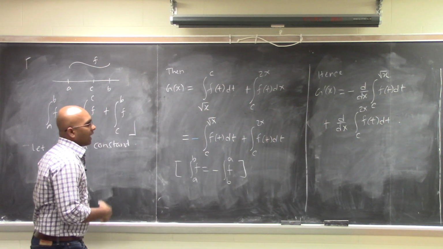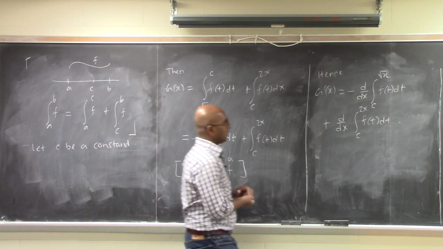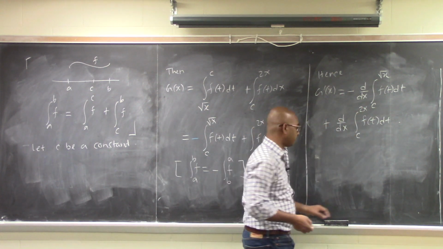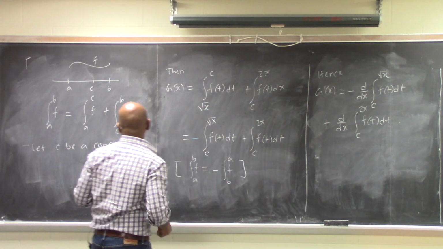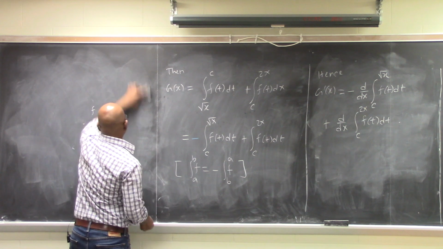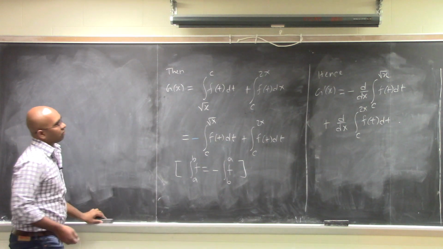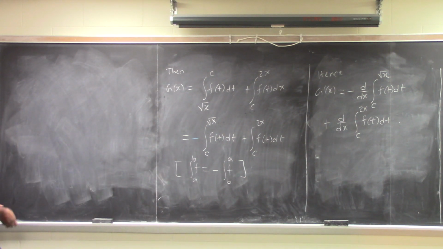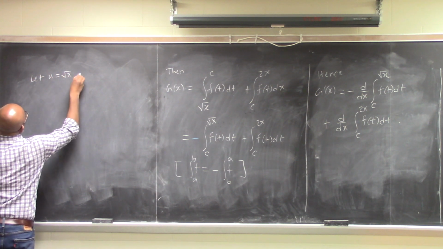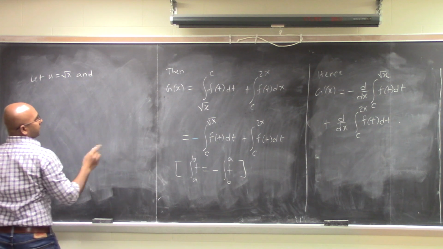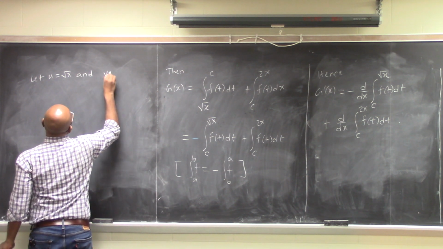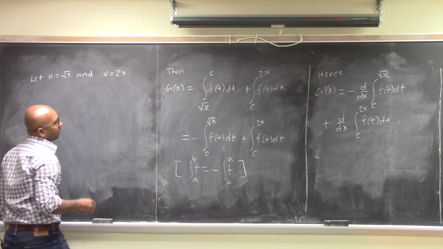Okay, and you'll use chain rule and then FTC1 to find those two derivatives, and then you'll be done. Now, if I want to use chain rule, I need to change some variables. So let's call square root of x to be u, and 2x to be v.